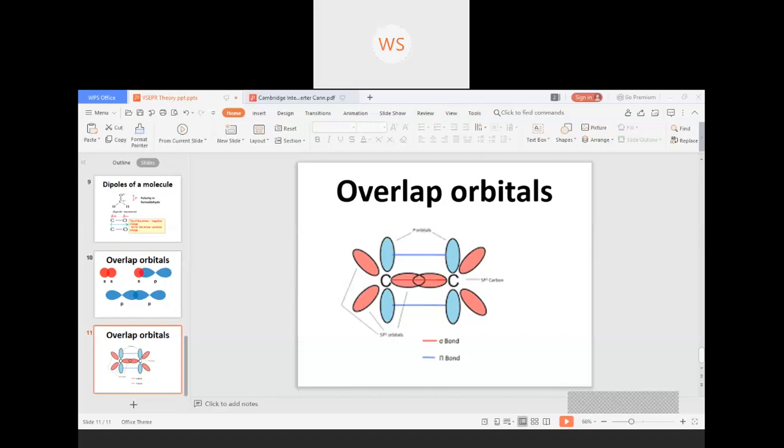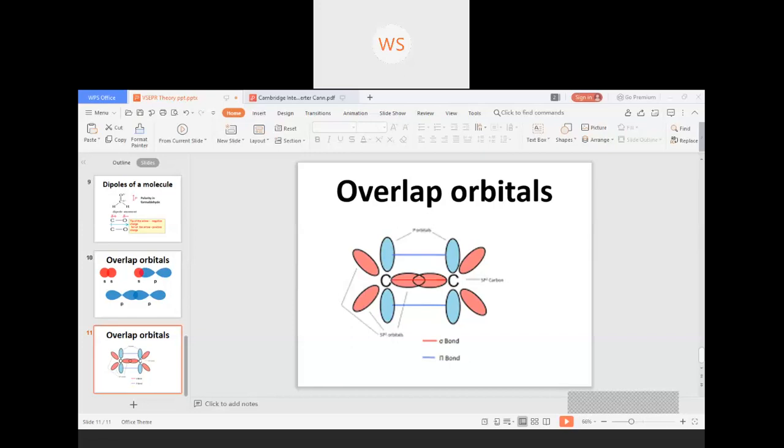I do not ask you to draw in 3D or to have high drawing skill. Just tell what is the shape, tell what is the bond angle. Okay, thank you, teacher.